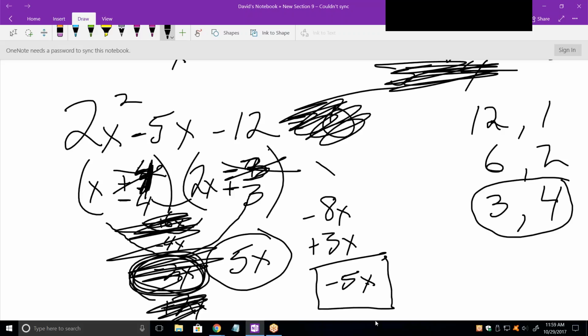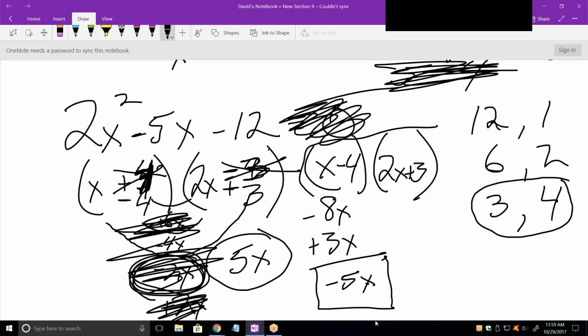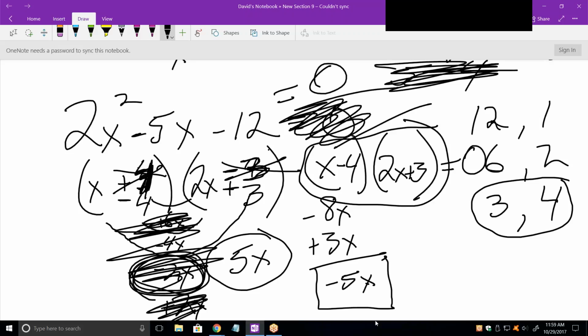My answer is x minus 4 times 2x plus 3. That's the way that quadratic factors. And it doesn't matter whether I'm factoring an expression or I'm solving an equation. If I'm going to make all of that equal to 0, then I can set each factor equal to 0 and solve it. I solved my equation.